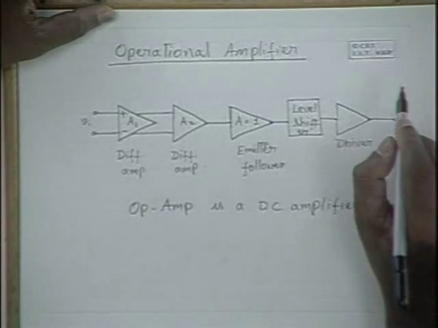Hence, we cannot use coupling capacitors to isolate the DC from one stage to another because it is a DC amplifier. If you use coupling capacitors, the DC is blocked and then you cannot amplify DC signals. Hence, no coupling capacitors are used in an operational amplifier. Similarly, no bypass capacitor is used in an operational amplifier.